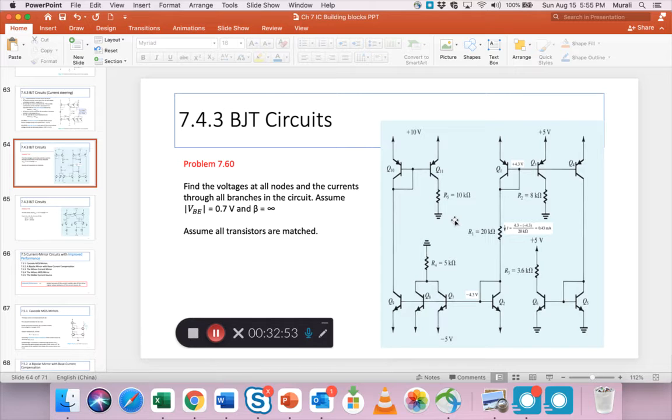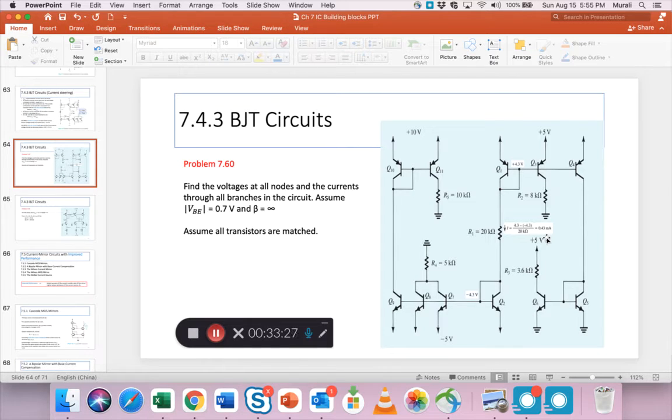And even these nodes, I stuck them in there, but in the original problem, you were just given the circuit and you were asked to find the voltages at all the nodes and the currents through all the branches in the circuit. Assume VBE is 0.7 and beta is infinity, right? Also assume all transistors are matched.